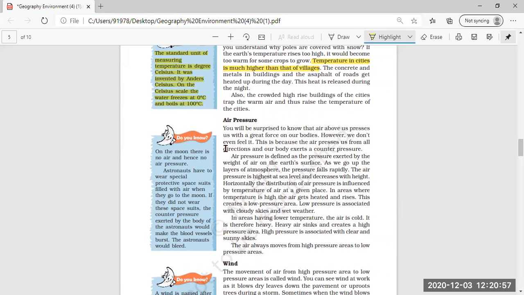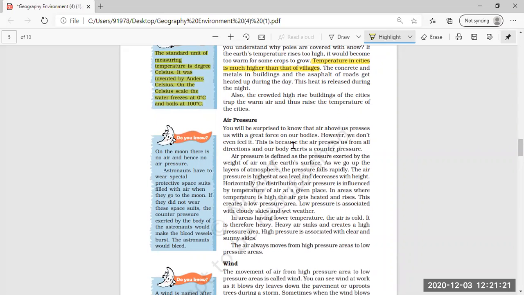Now, air pressure. You will be surprised to know that the air above us presses on our body with great force. If air pressure were not there, we might be floating in the atmosphere. However, we don't even feel it. This is because the air presses us from all directions and the body exerts a counter pressure.